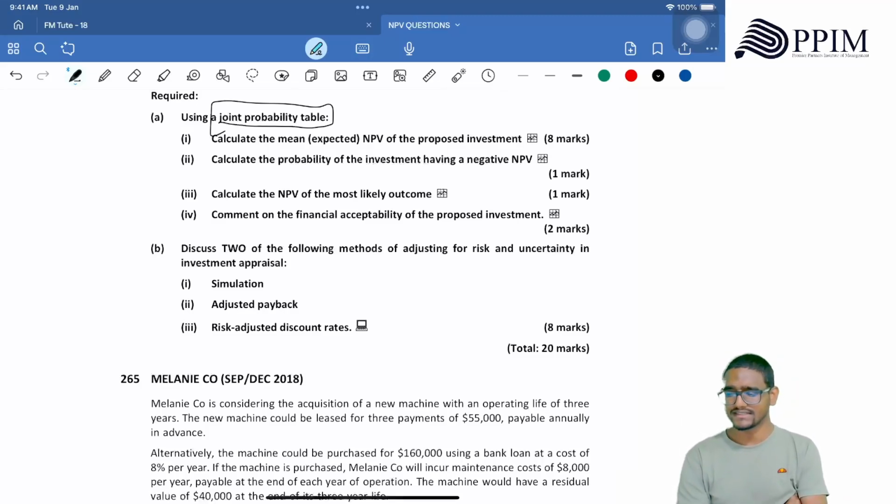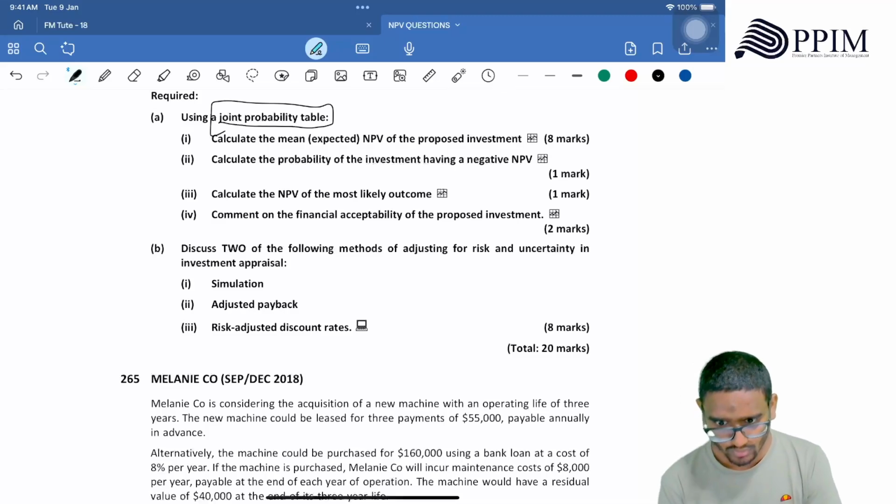Then adjusted payback. This is basically a discounted payback, which considers risk through the appropriate discount rates applied.